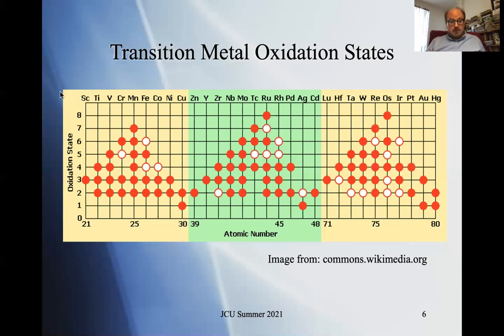So, for example, iron here in the +6 oxidation state may not actually exist in a stable compound, but we can actually obtain that iron 6 oxidation state in some sort of reaction. So the difference between the red and white is about basically the likelihood of finding it in stable compounds.